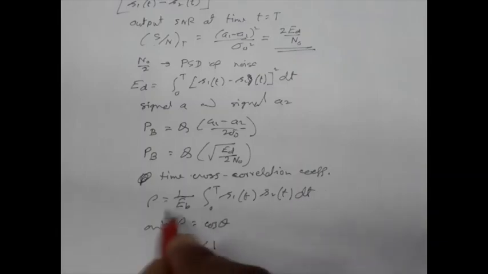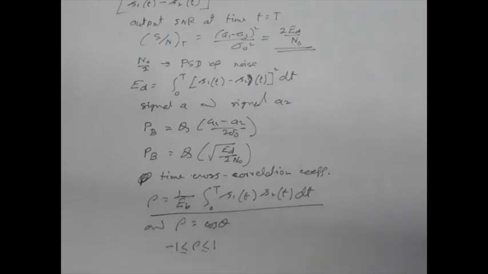So this definition of rho is a classical way of expressing correlation.